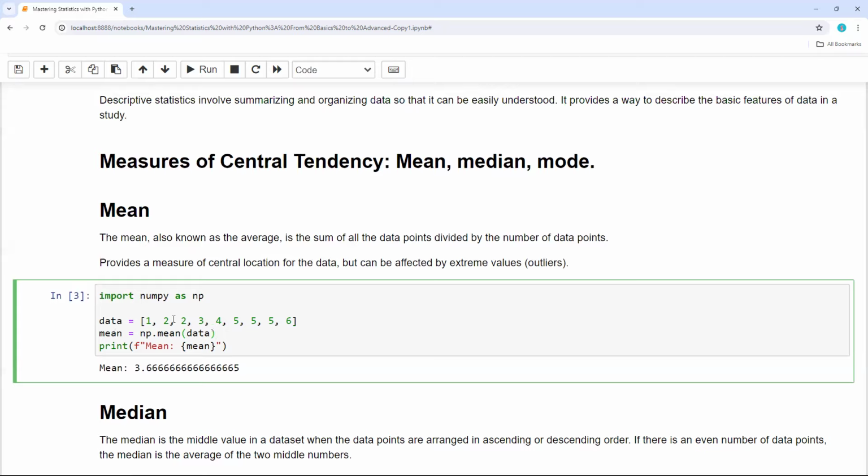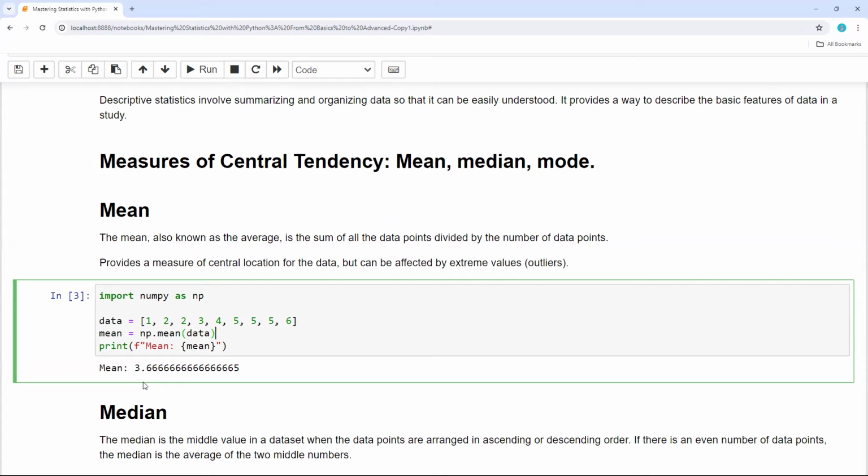So mean is nothing but the sum of all these numbers divided by the number of data points. The sum of these numbers is 1 plus 2 is 3, 3 plus 2 is 5, 5 plus 3 is 8, 8 plus 4 is 12, 12 plus 15 is 27, 27 plus 6 is 33. So 33 by 9 is something around 3.666.